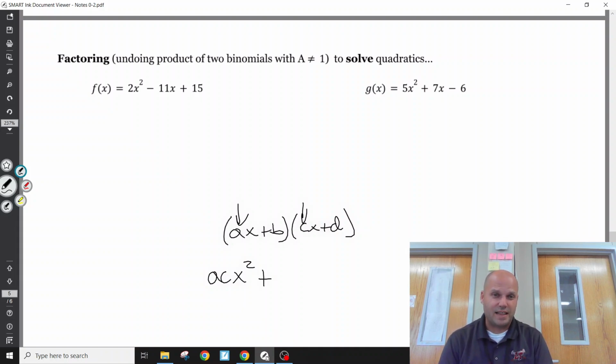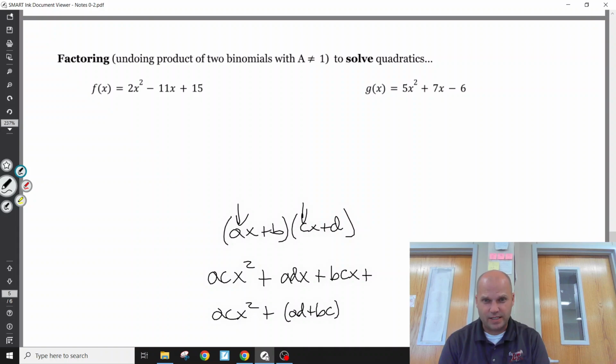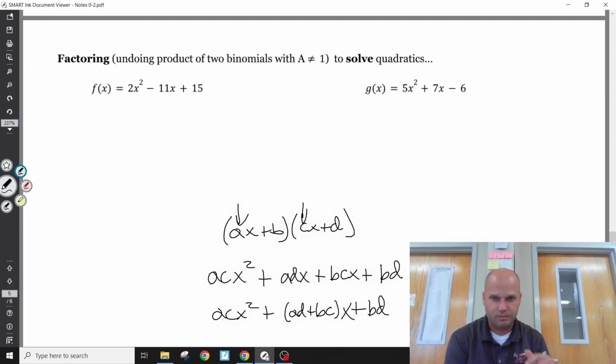We need to realize that those numbers will be incorporated into the amount of x's, so that it's actually this amount that includes this, and this, all 4 things, A, B, and C, D. And then we realize that the two numbers multiply to get the last term. That's actually important that the two numbers multiply to get the last term.